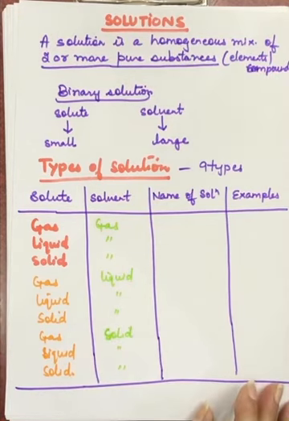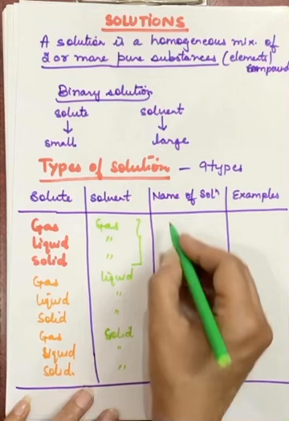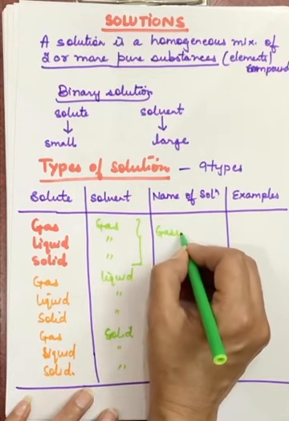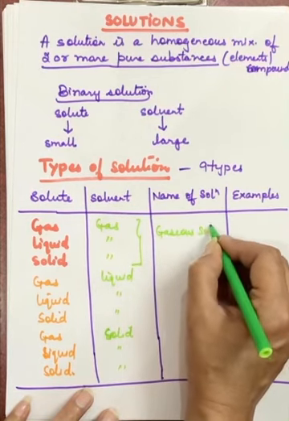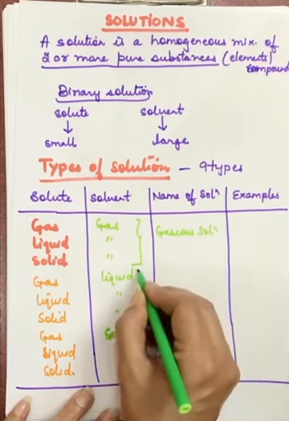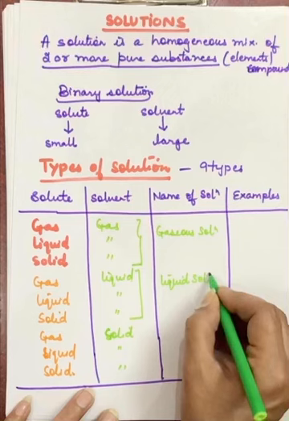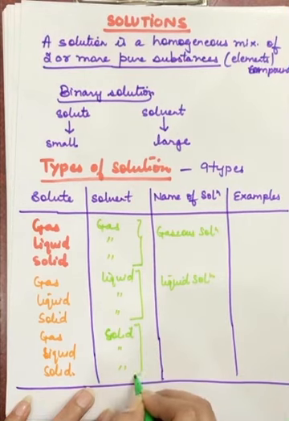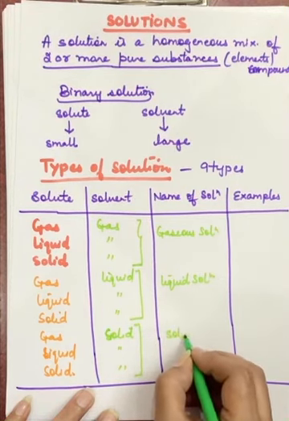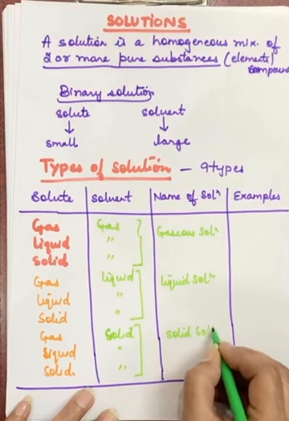Now, names of these solutions are very easy. When the solvent is in a gaseous state, then these solutions are called gaseous solutions. When solvent is in a liquid state, these are called liquid solutions. And when it is in a solid state, then this solution is called solid solution.